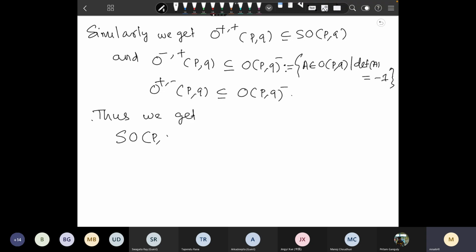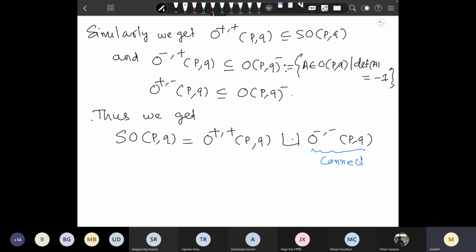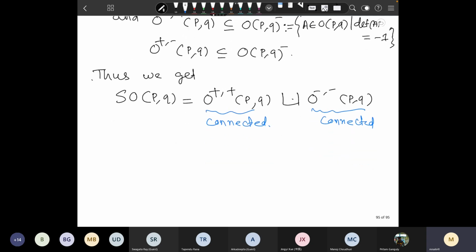SO(P, Q) is equal to O plus plus (P, Q) disjoint union O minus minus (P, Q). Each of these is connected, and we also use the fact that SO(P, Q) has two connected components. From there you can conclude that these are precisely the two components of SO(P, Q).